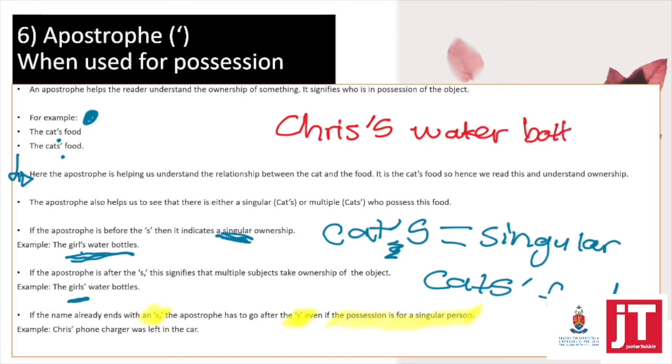No, that is just clumsy. Wouldn't you agree? Far better to get rid of that S, but when you say it, you do say, this is Chris's water bottles. Or should it actually be, these are Chris' water bottles. And so that is the rule. Even though there's one Chris, we don't have a bus of Chrises. There's just one Chris, but simply because his name ends in an S, the apostrophe goes afterwards. I hope that this has cleared up any confusion for you on the apostrophe.